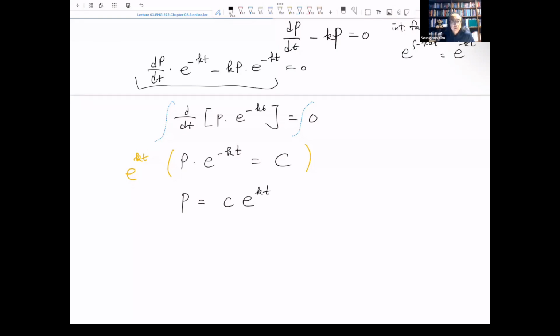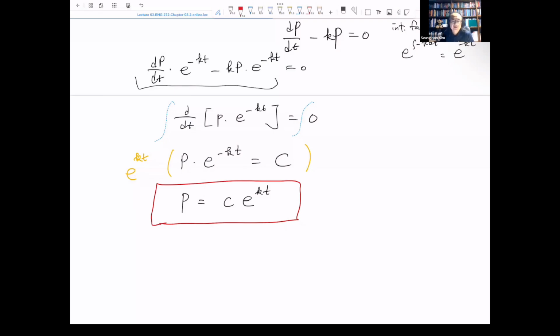So for the linear model, growth and decay, you don't have to go through these steps every time you solve the problem. This is the first time and the last time you're going to do that. You can just simply start from here. When you have a linear model problem, you're going to let P equals C times e to the kt, or R equals C times e to the kt.